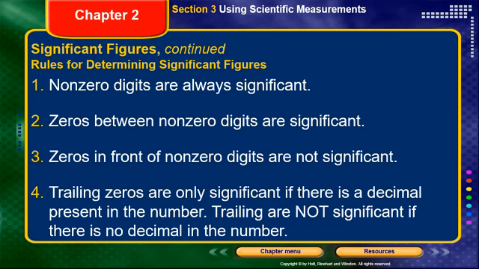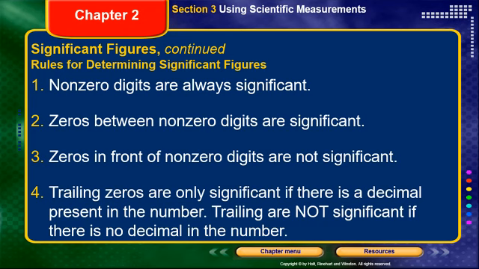If I include a number that isn't 0, no matter where it is in the number, it is always significant. Always. Rule number 2. Zeros in between non-zero digits are also always significant. Some people call these sandwiched zeros. So if I have 9, 0, 0, 2, those middle zeros are sandwiched in between 2 non-zero digits.